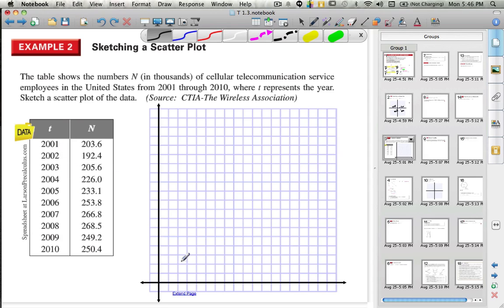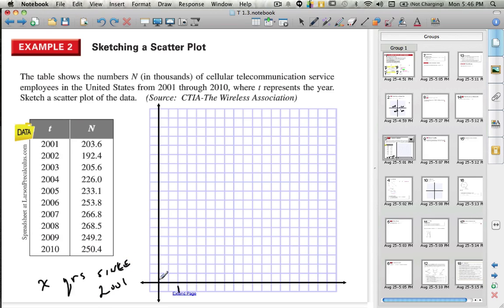And you can see 1, 2, 3, 4, 5. Actually, if our x-axis is years since 2001, then this would be 0 right here, and then 1 year, 2 years, 3 years, 4 years, 5, 6, 7, 8, 9, and right about here would be 10.